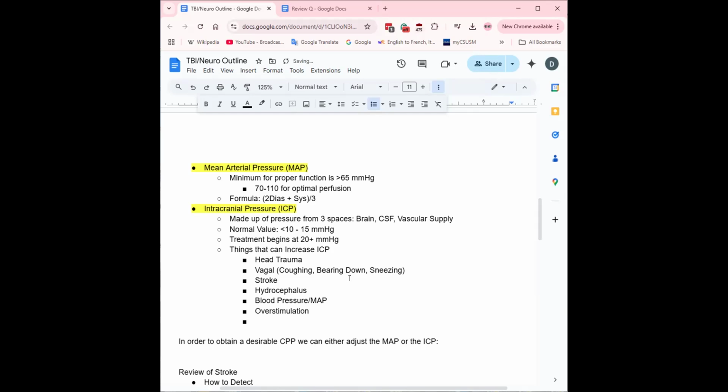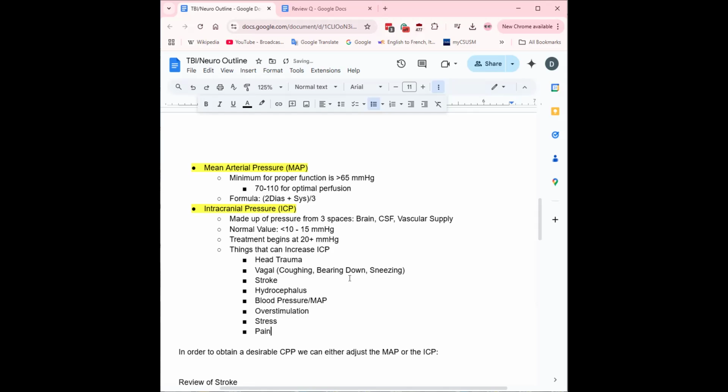Along that same vein, what are other things that go with overstimulation? Stress, yes, stress and overstimulation. What's a common thing? Pain. Pain is a common thing, and we know that it makes your blood pressure go up.